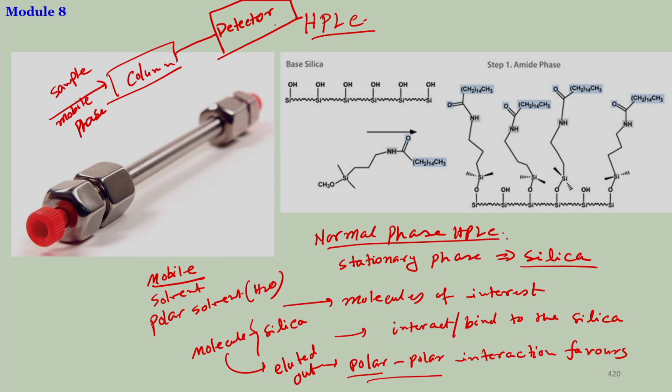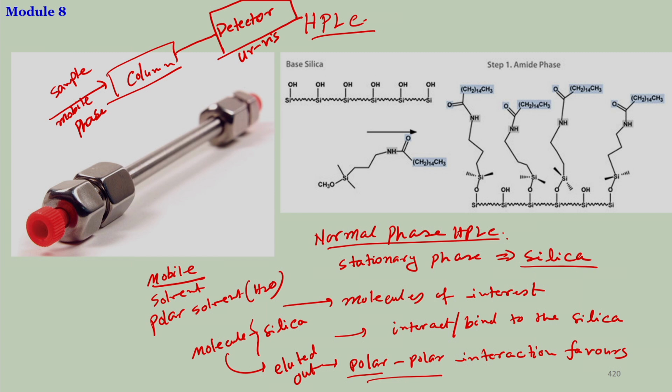Detector can be of various kinds. There are many kinds of detectors that you can choose actually. If your molecule is a chromophore, and many molecules are chromophoric molecules, you can use a UV visible detector, so that you can see the absorption, and from there you can estimate how much compound you have, the concentration, using the Lambert-Beer's law.